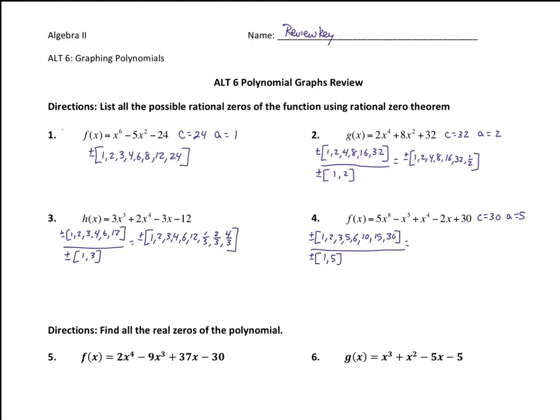And then our list is going to be plus or minus 1, 2, 3, 5, 6, 10, 15, and 30. And then we've got 1/5, 2/5, and 3/5. And then our last one is 6/5. 10 over 5, 15 over 5, and 30 over 5 are all listed in the previous numbers.